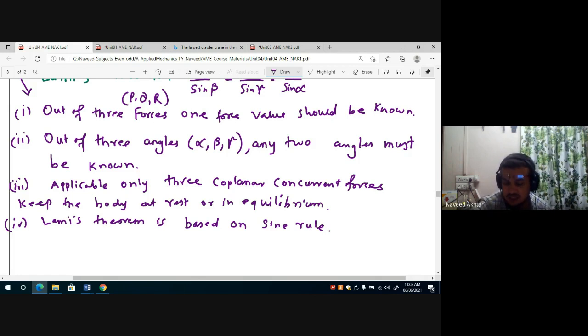Okay, and it is a relationship between side and force. So that's why this is the use of the Lami's theorem.